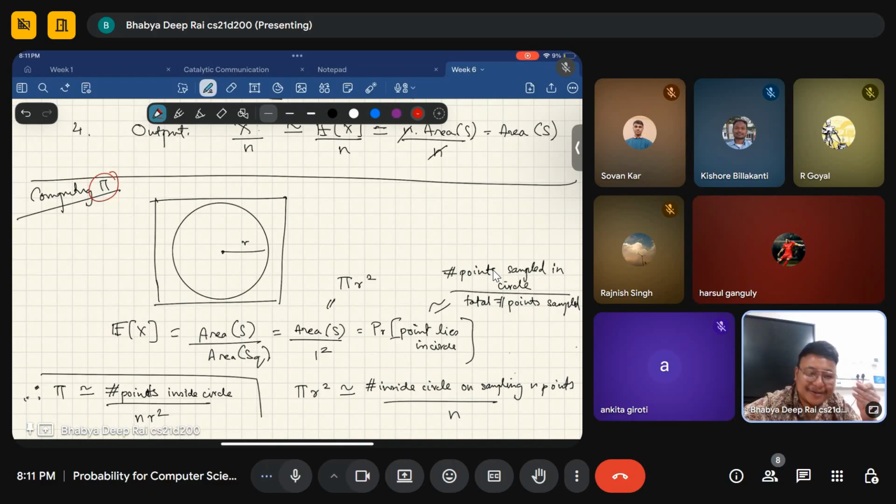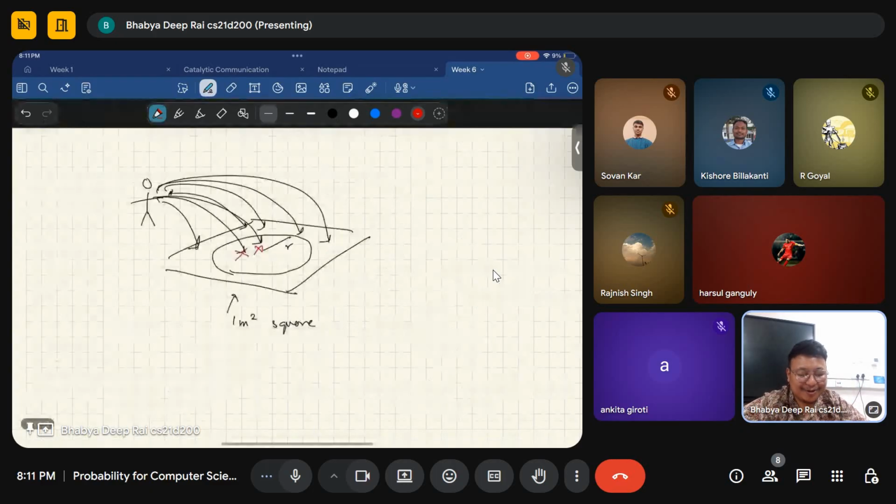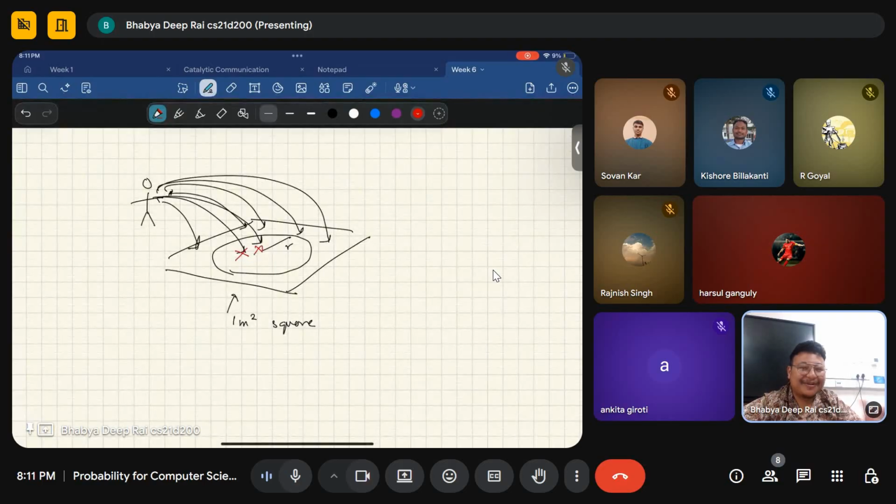You can try this yourself physically. Like I said, you can draw this on the floor if you have time, start throwing things, and take this ratio. This is a way to experimentally find the value of pi. Right?